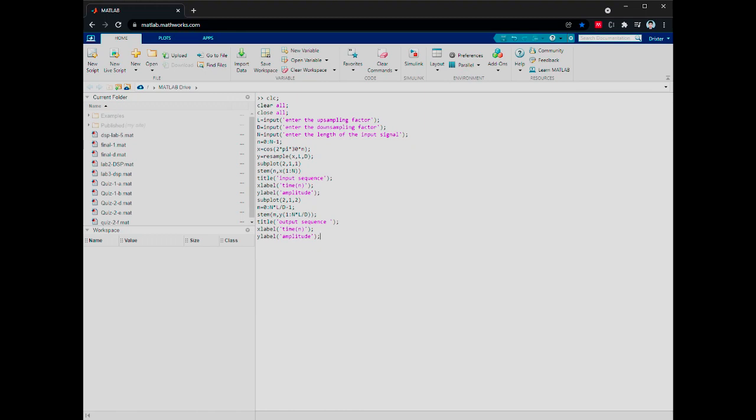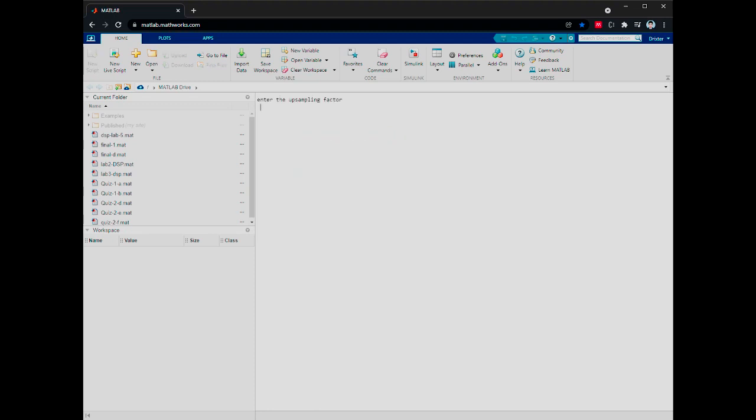So let's go. For the upsampling factor, we will use 10. For the downsampling factor, we'll use 20. Lastly, for the length of the input signal, we will use 100.